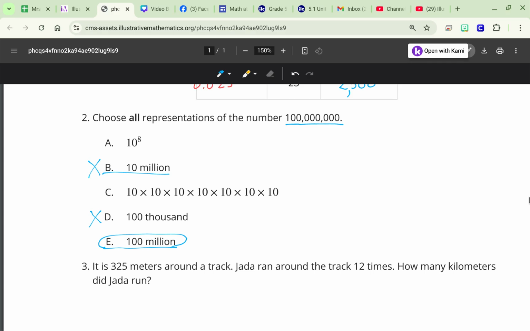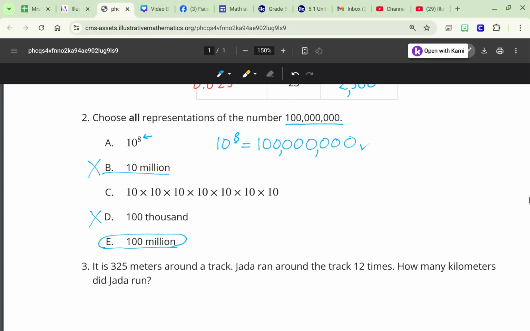First of all, in A, I'm going to zero in on this number right here. That exponent is an exponent of 8. And we have found the pattern to be true that if I have a power of 10 in exponential form, 10 to the power of 8, that should be a 1 with this number of zeros. 1, 2, 3, 4, 5, 6, 7, 8. 1, 2, 3, comma, 1, 2, 3, comma.